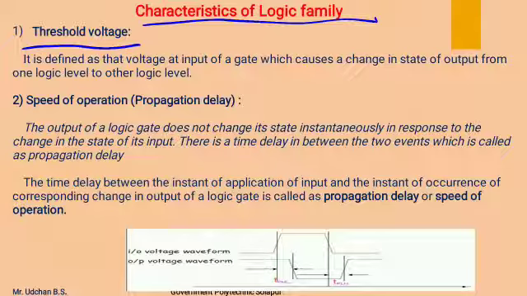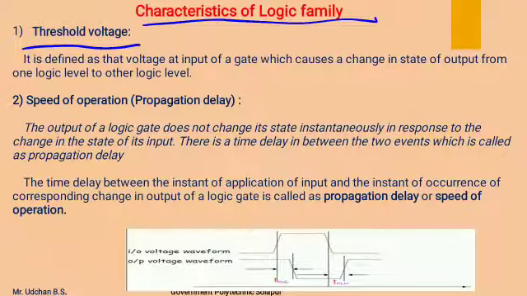It is defined as the voltage at the input of a gate which causes a change in state of output from one logic level to the other logic level. That is, the value of voltage which causes the output to change from low to high level or high to low level.